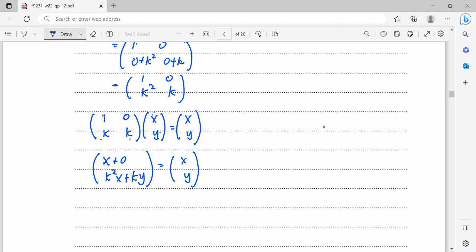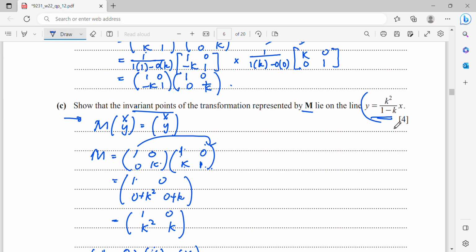Now from here, we just compare. I will compare the y coordinate, the y position. So y equals k squared x plus ky, because the first row is the same, x on the left side and x on the right side. Now we need to show y as the subject.